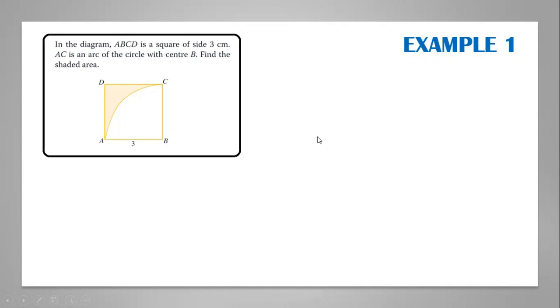Okay, students. How many shapes do you find in the diagram? Correct. There are 2 shapes. The first is a square.